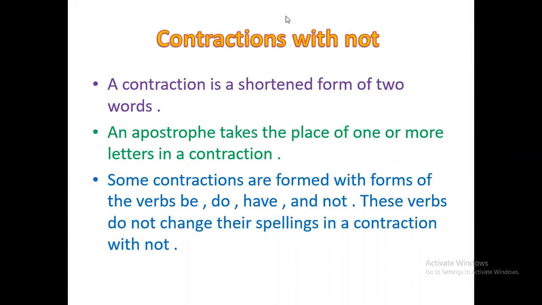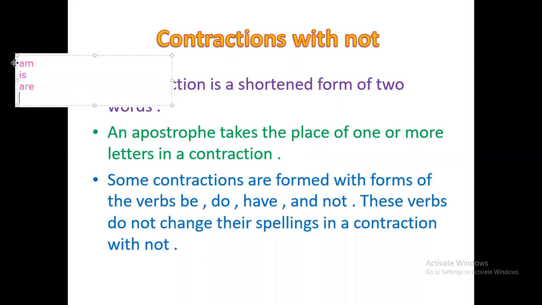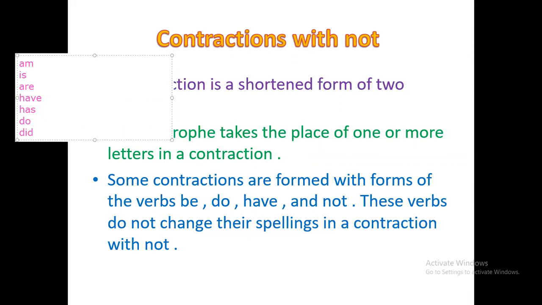Look here. What's the meaning of verb to be? Do you remember? Verb to be means am, is, and are. And we're going to talk about other helping verbs like have and has, do, and the past of do, which is did.